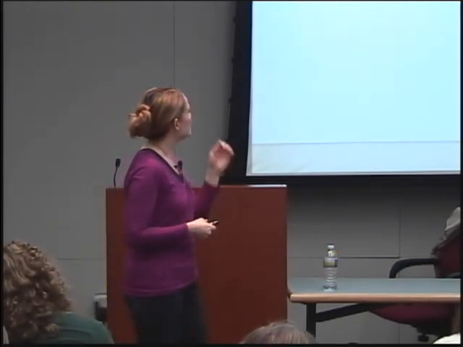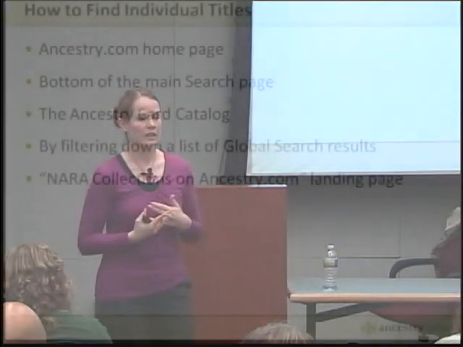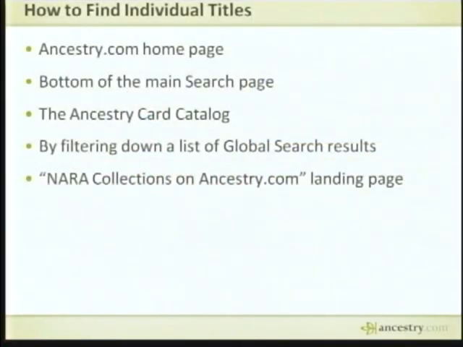So how do you find individual titles? You can find them on the Ancestry homepage. You can go into the Ancestry card catalog to look for them, and you can filter down a list of global search results. In fact, you may have noticed this sounds kind of familiar. It should, because when we were talking about filtering down, remember we went into military records, and then into prisoner lists, and then there was a list of individual databases.